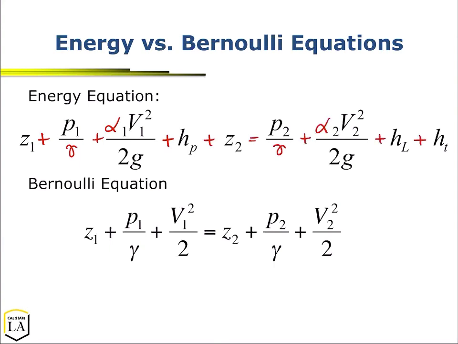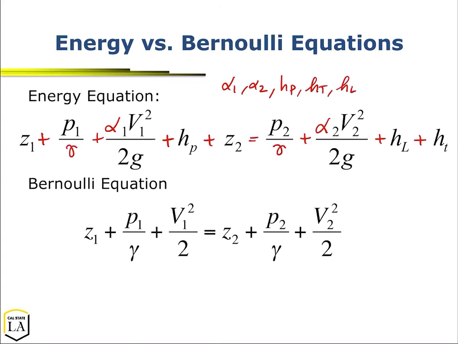Again, the major differences are this coefficient here, our head due to the pump, our head due to the turbine, and our losses. Those are major differences that we must consider in the energy equation versus the Bernoulli equation.